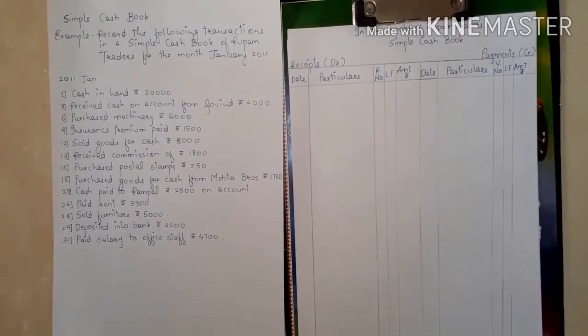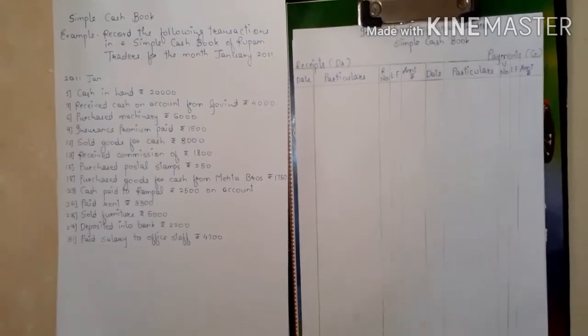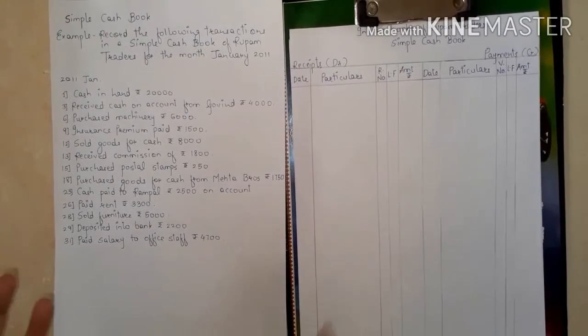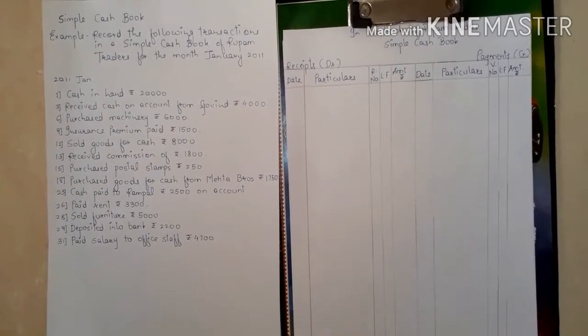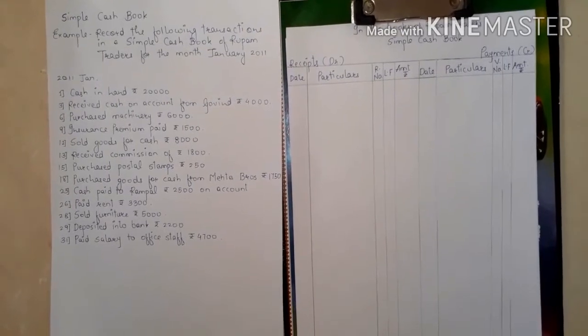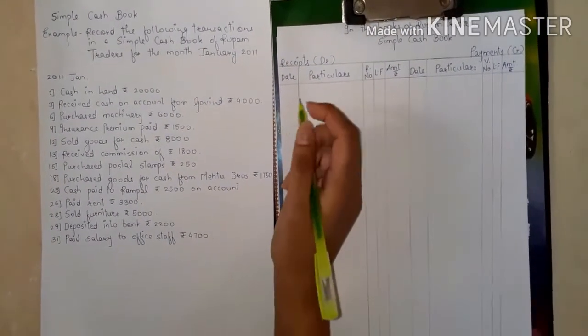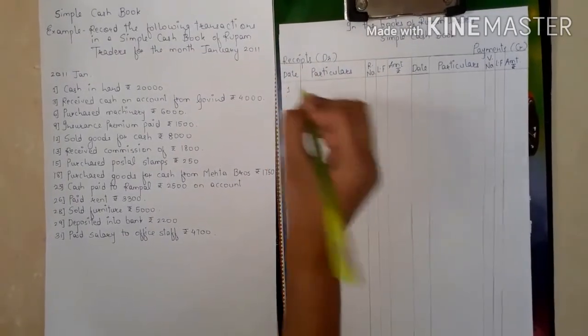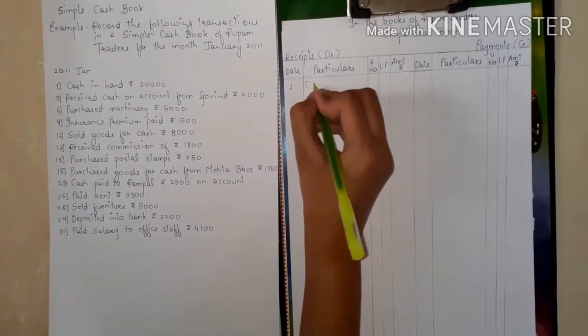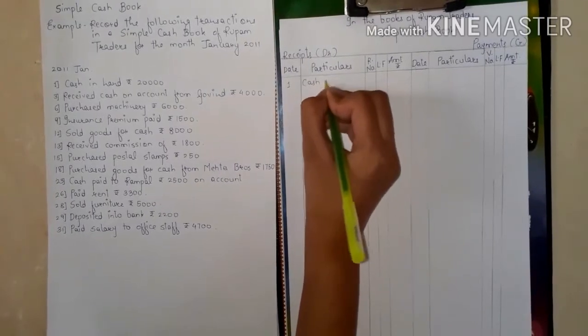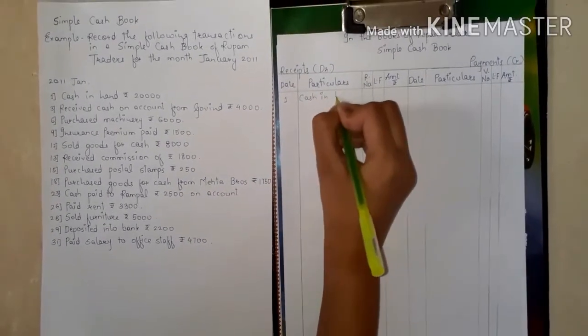So we are including it in our business, it is not going out of business. So it will always be on the debit side, that is on the receipt side of simple cash book of the new accounting period.